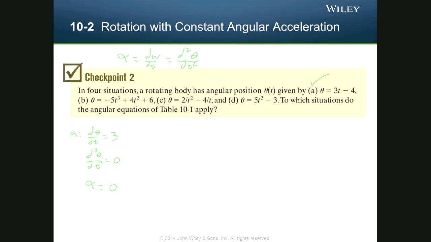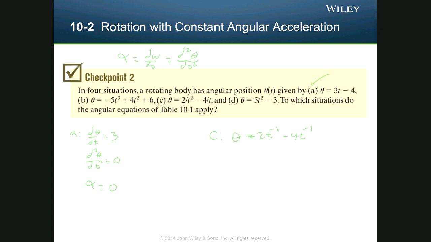All right, let's look at C and D. So C, I'm going to rewrite this as theta equals 2t to the minus 2 minus 4t to the minus 1, because I don't like quotient rules, and I'm lazy.